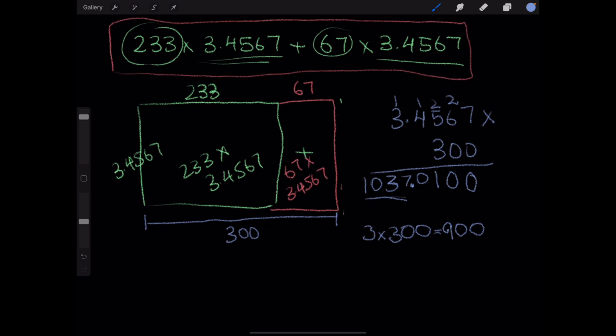And so 300 times 1.5 is 450. And so 900 plus 450. Why did you choose 1.5?